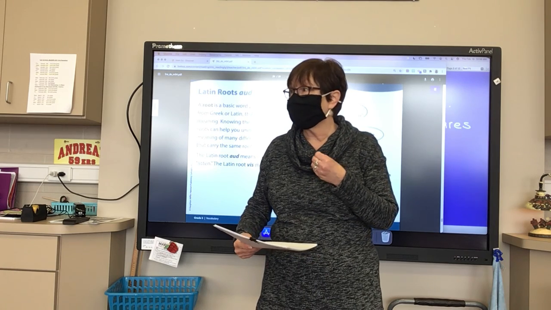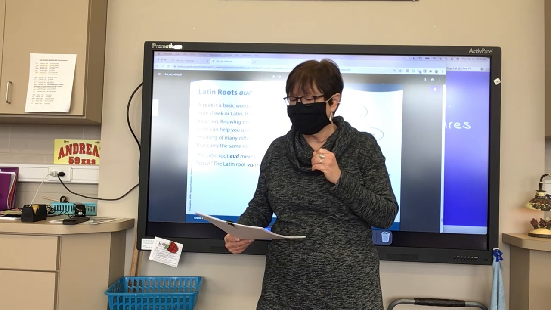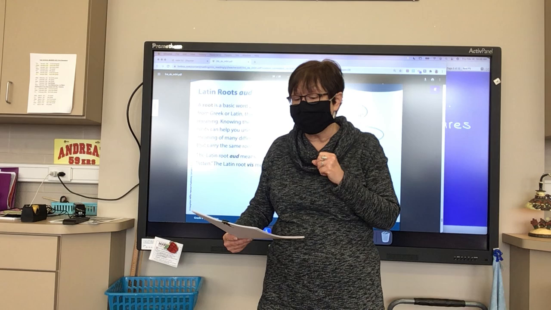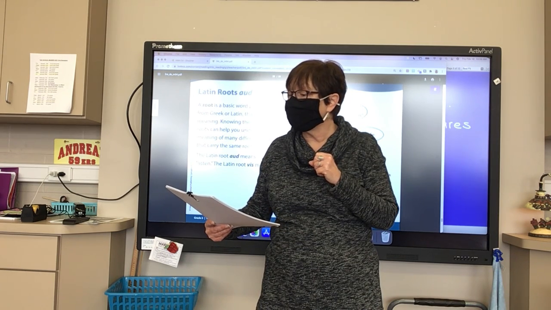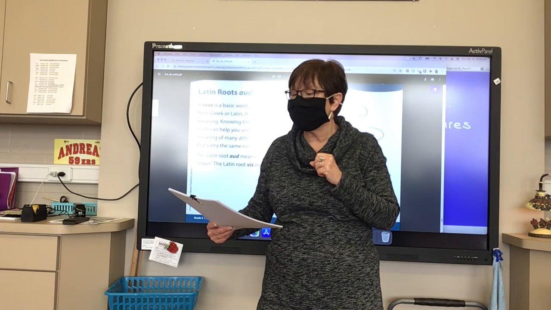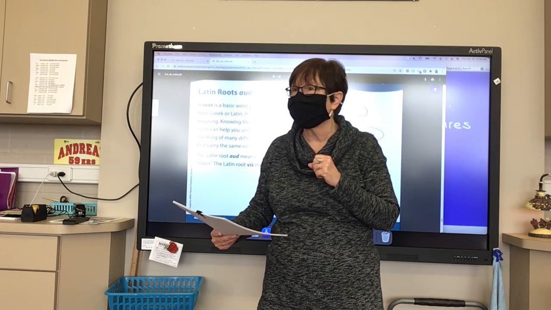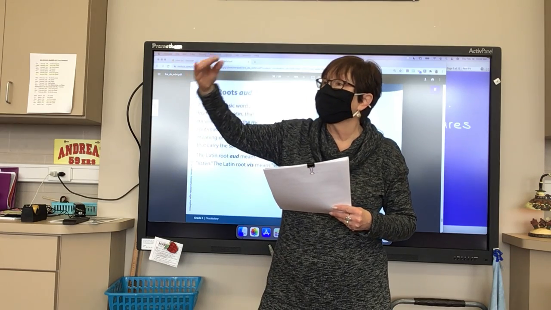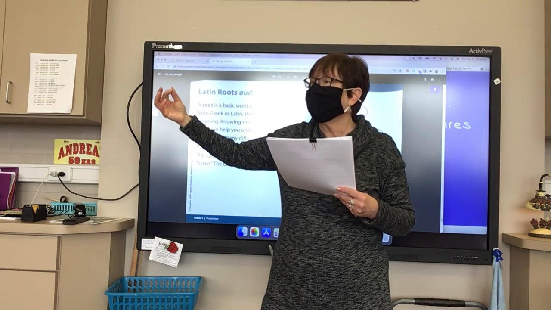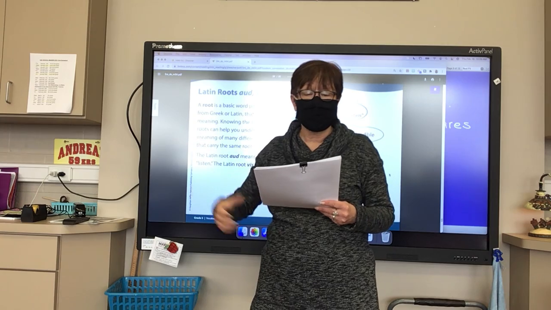Mostly that's where they're from, Greek or Latin, boys and girls. That carries meaning. Knowing the meaning of roots can help you understand the meaning of many different words with the same root. So it's a root, and then word parts grow off of it. Think of it like that.